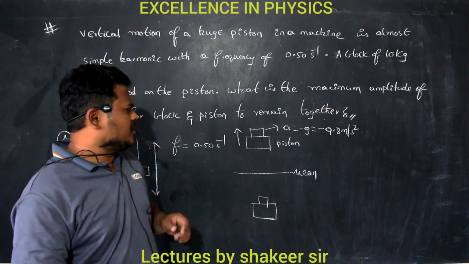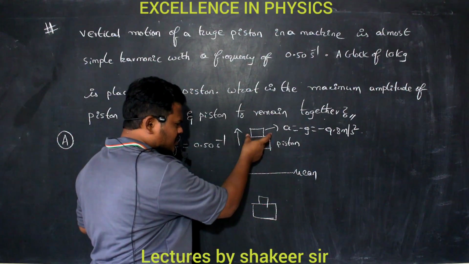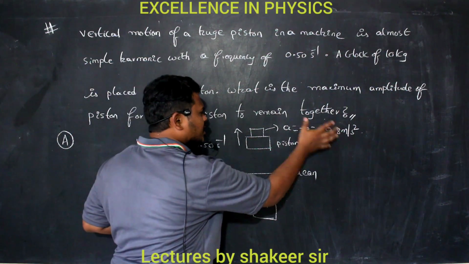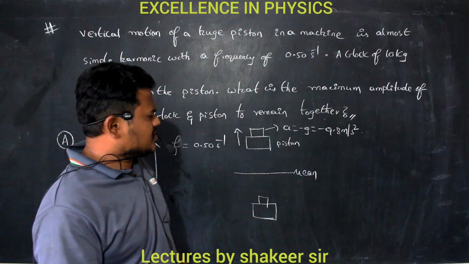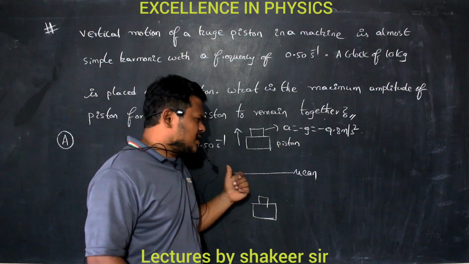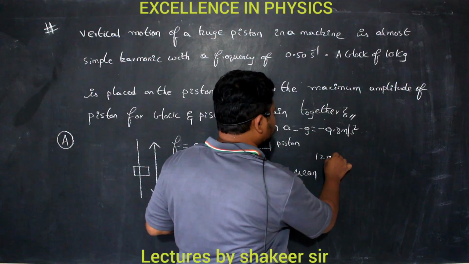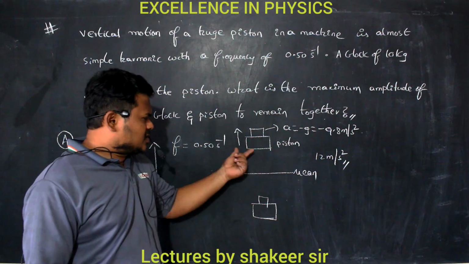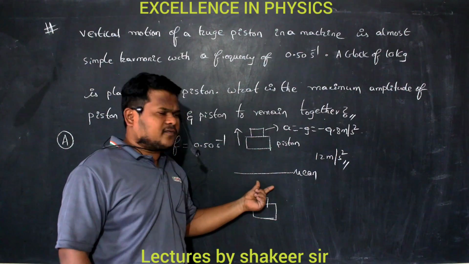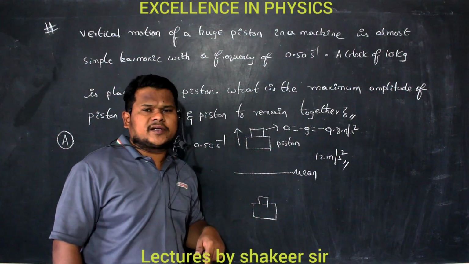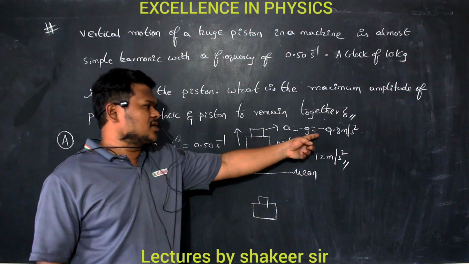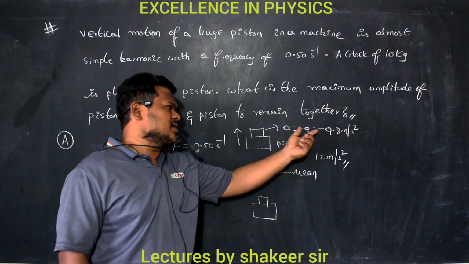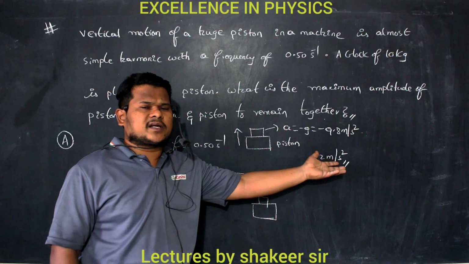But the problem is if this piston starts coming down with an acceleration greater than 9.8. Let us consider this piston is coming down with an acceleration of 12 meters per second square. Then what will happen? This piston starts coming down with a greater velocity because its acceleration is greater. But this mass has only an acceleration of 9.8, because no force is acting on this mass except gravitational force.